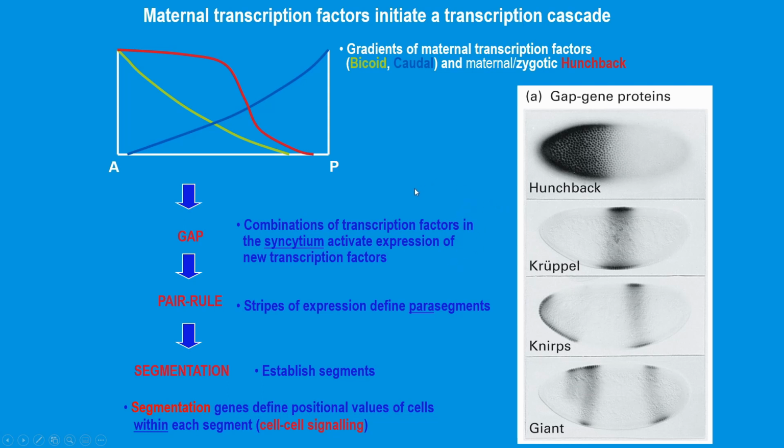These gap genes in turn will regulate the expression of the pair rule genes, which will give us stripes of expression to define then what we've referred to before as the parasegments. These parasegments are very important as a preliminary way to set up segments in the animal. And it's actually segmentation genes that will then define the positional values of cells within each segment. This is accomplished by cell-cell signaling, and we hope to cover all of that today.